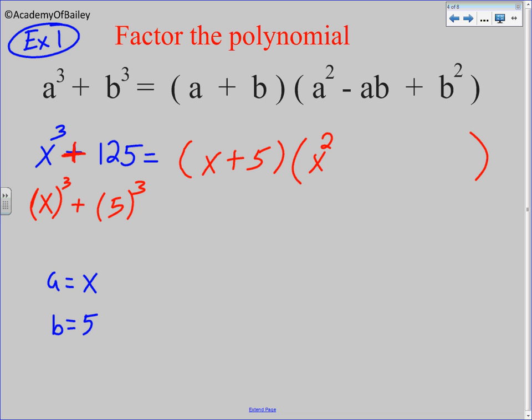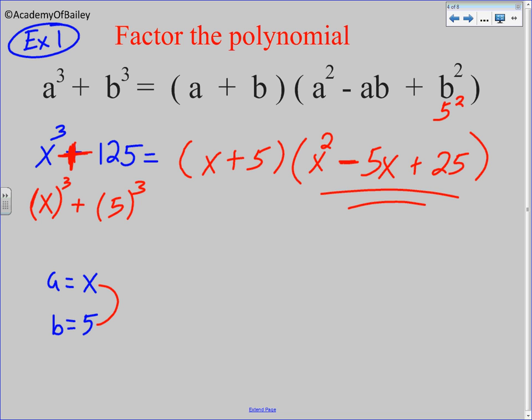Square a, and then since it's a plus in what we started with, this is going to be a minus, and then you multiply a times b. In this case, what is 5 times x? 5x. We're going to add, and what is b squared? Well, that would be 5 squared, right? Which is 25. So there you go. You have it factored.